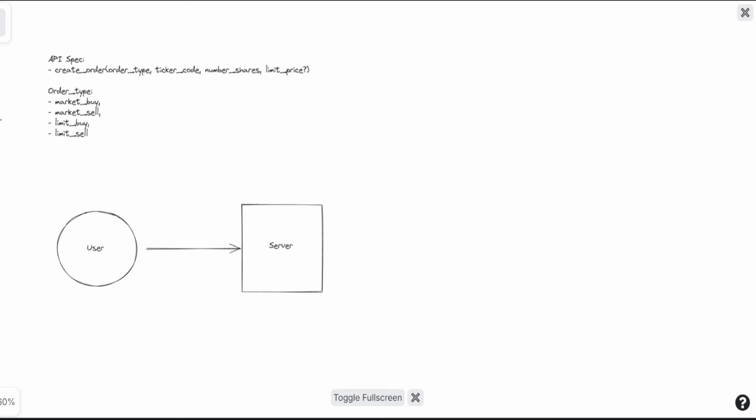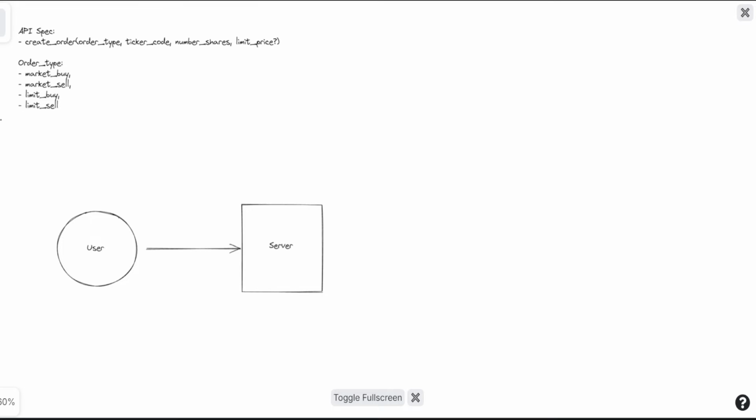Sounds good. So now I'll put it here. I go to the server, and the server will have to reroute the logic. The interesting part here is how do we make sure the limit buy and limit sell are actually done correctly.